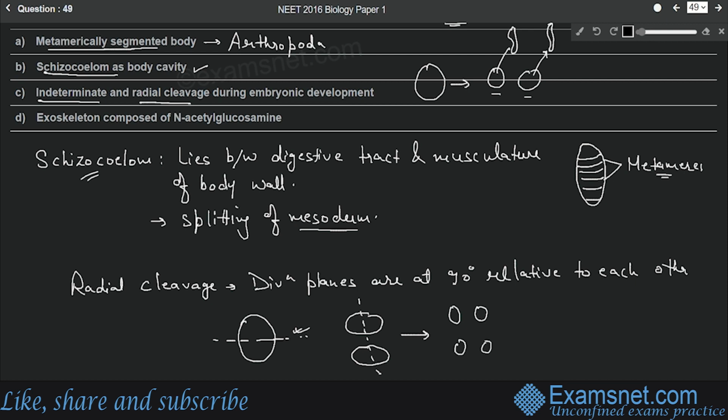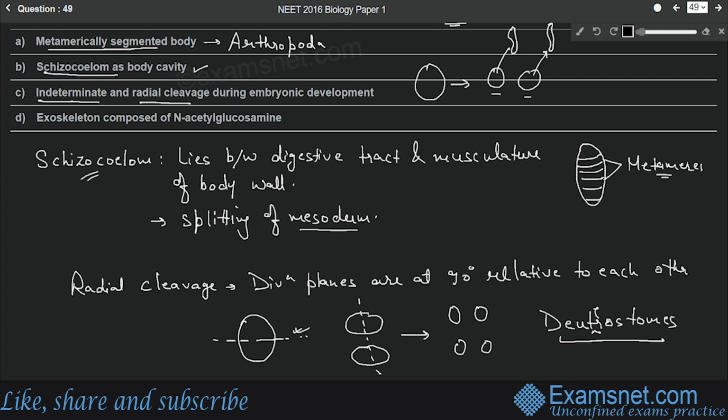Okay, got it? So both these types of cleavage, indeterminate and radial cleavage, are the features of deuterostomes. Okay, these are found in deuterostomes. And deuterostomes consist of echinoderms, hemichordates and chordates, but not arthropoda.